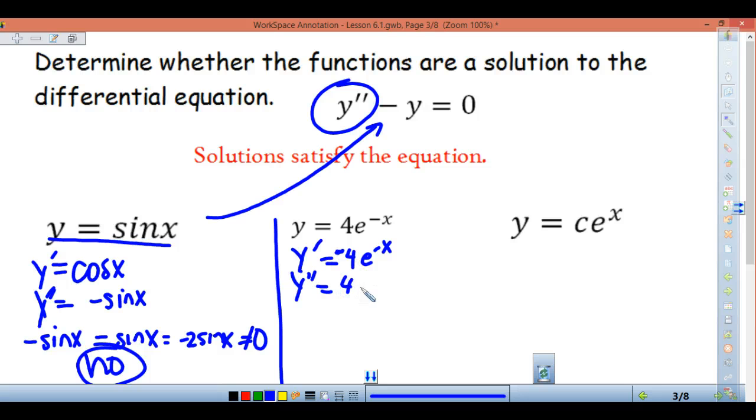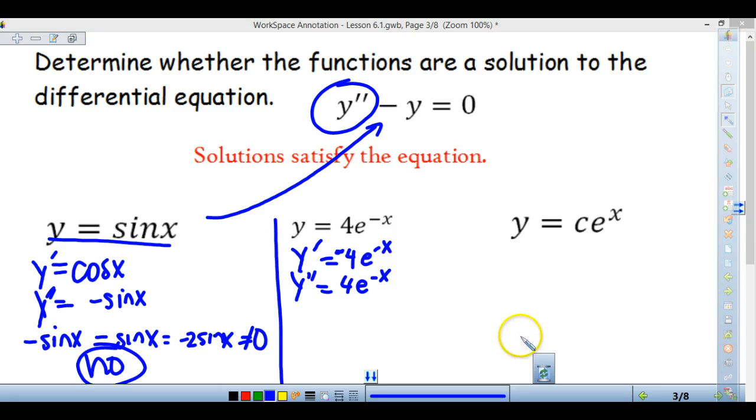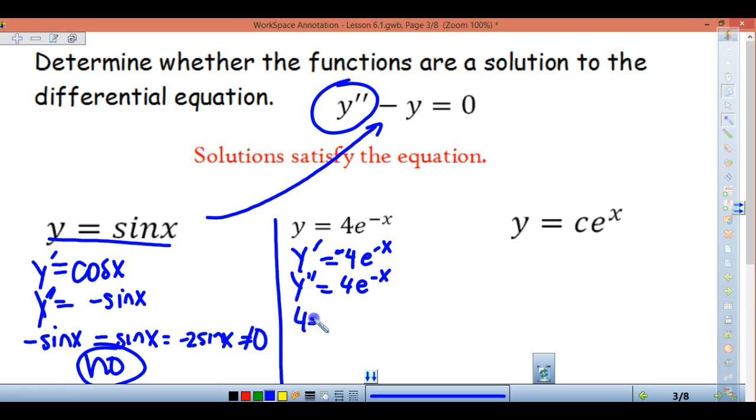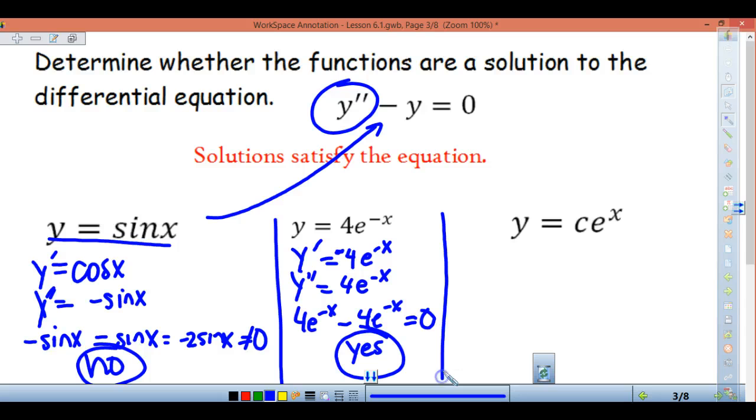So that would turn out to be 4 e to the negative x. So now I want to check y double prime minus y. Does that equal 0? So here's the second derivative minus the original, and that difference is 0. So yes, this function is a particular solution to that differential equation.